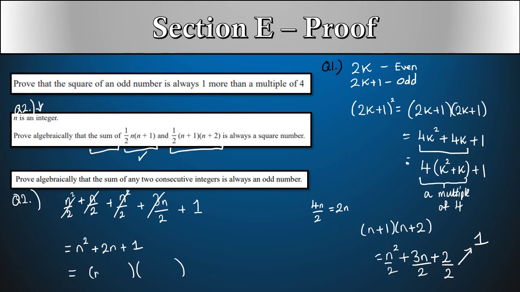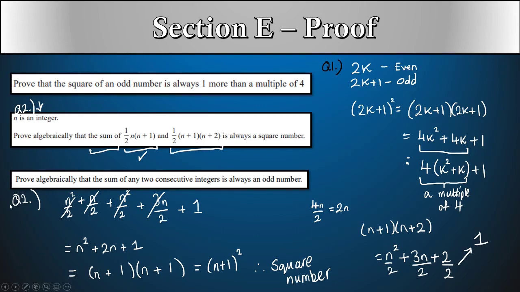So the front of these will be n, and that'll be n. And then factorising this, so this is what we did earlier on in the video, this would simply be plus 1 and plus 1 again. Okay, so n plus 1 times n plus 1, which is actually just the same as n plus 1 squared. So therefore, square number. And there we have it. Okay. So that's our question 2.